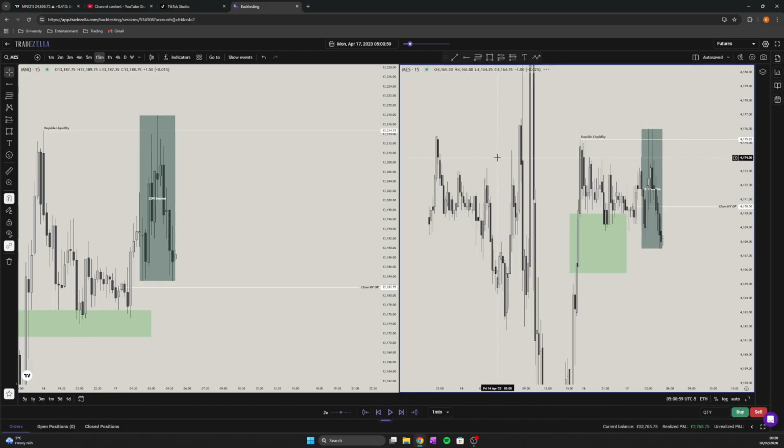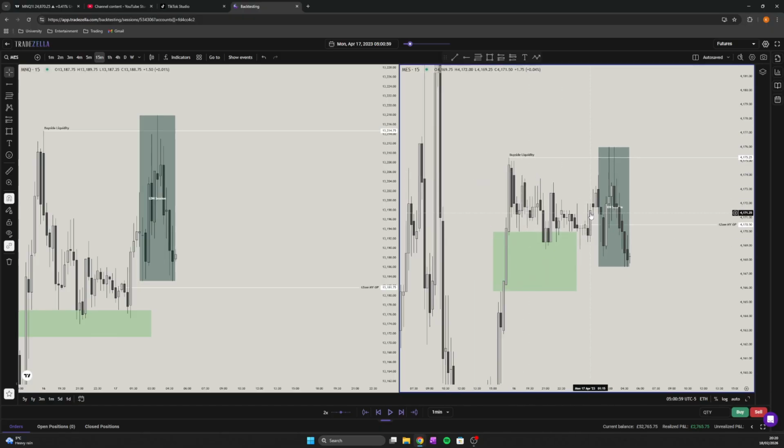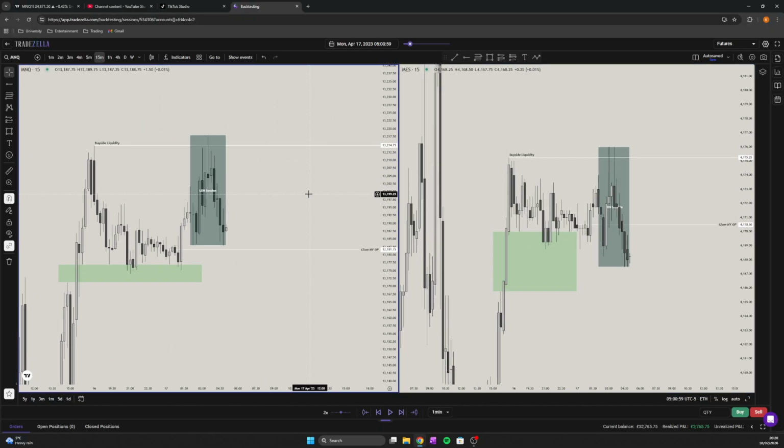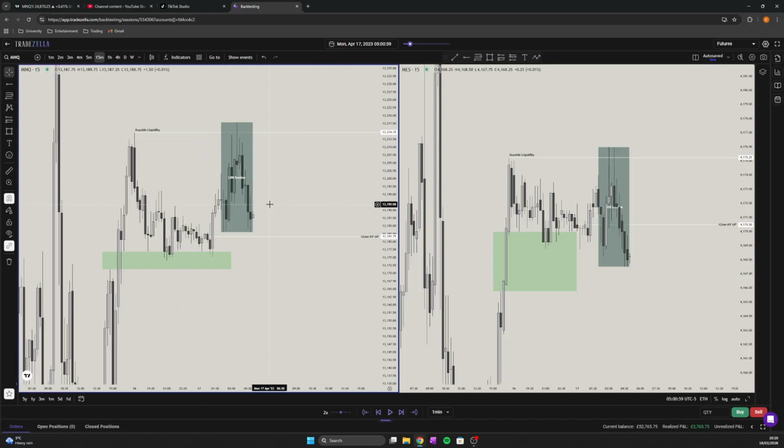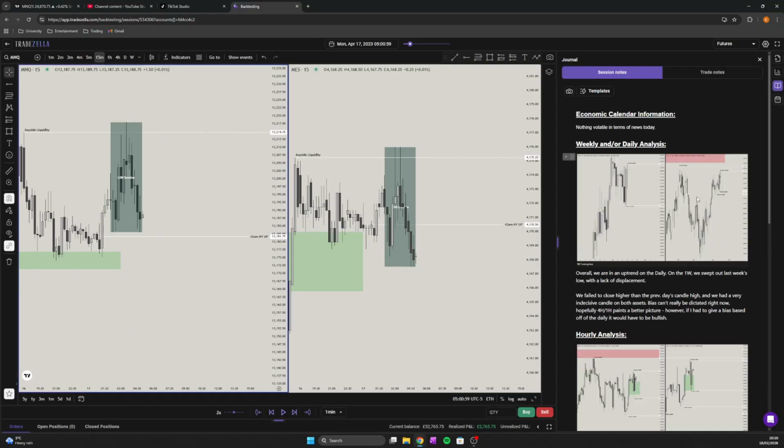Okay. So what do we see it do? It actually takes out the range. Takes out the top of the range, which is against our bias, really, isn't it?